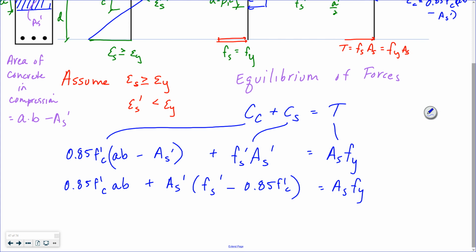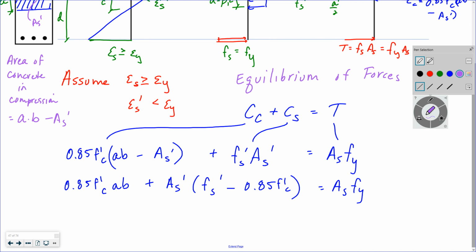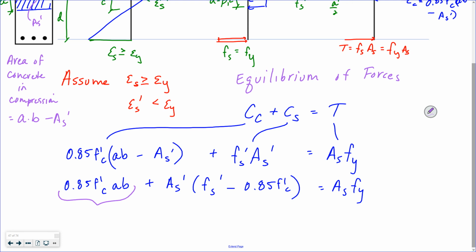So if you're taking a little note there, you'll say this is the concrete compression force, C_c.